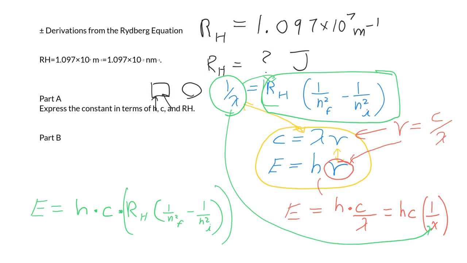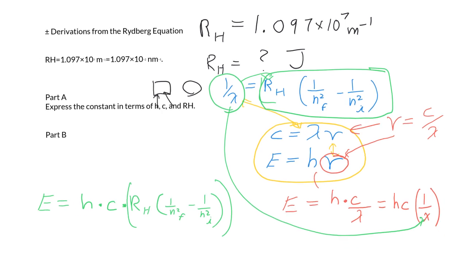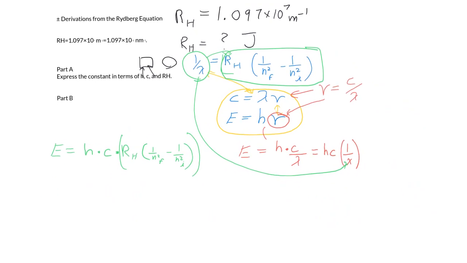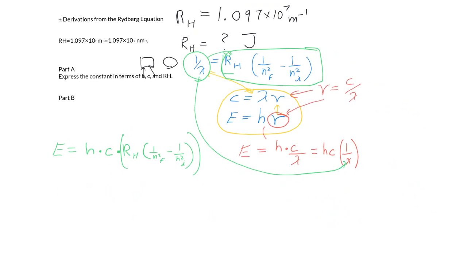Pull out terms, and that gives me energy is equal to Planck's constant times the speed of light times RH. And we can do this because multiplication is commutative.